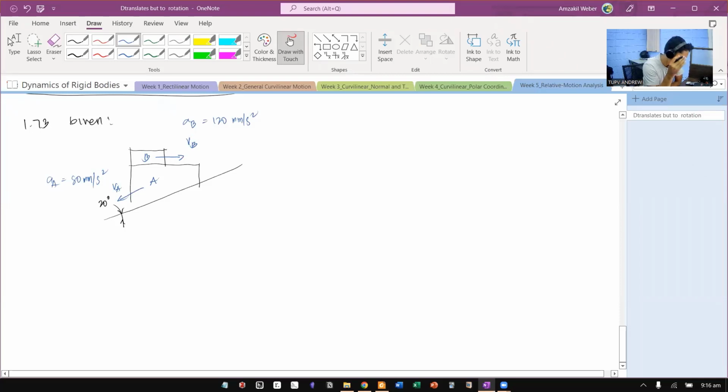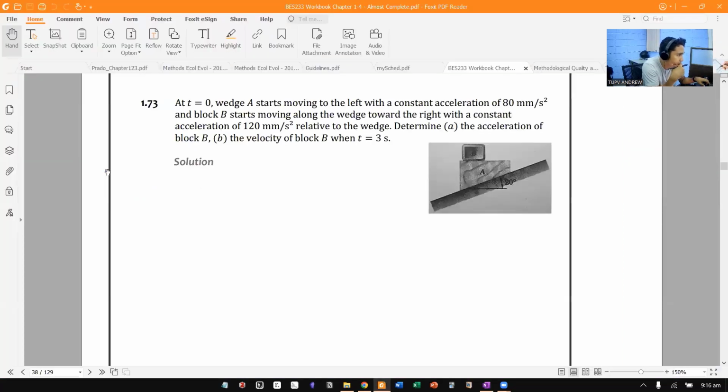Of course, the 120 is relative to the wedge, along the incline. The block B starts moving along the wedge toward the right with constant acceleration relative to the wedge.